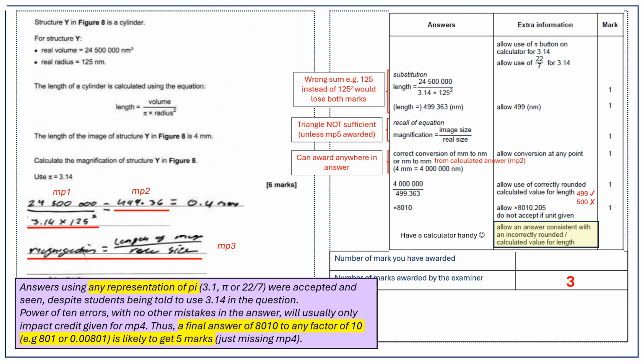The only mark that they have probably lost is marking point 4 because they have incorrectly converted somewhere in their answer. Still make sure that you are checking that answer, even if there is a power of 10 error on the final answer line, just to check that the student has obtained that from the correct place.